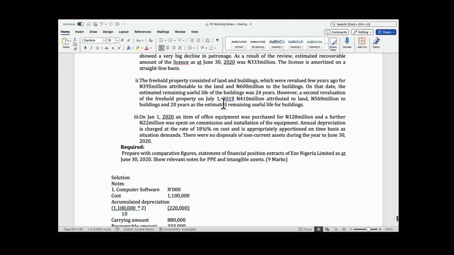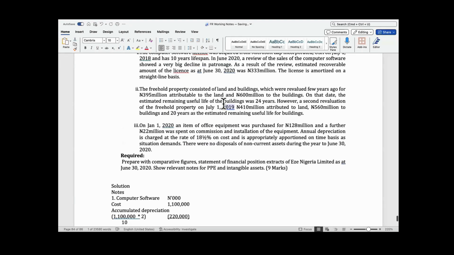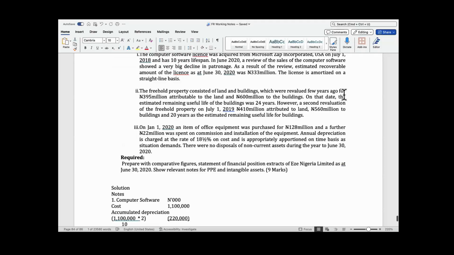Now on that date, the estimated remaining life is now 24 years. However, a second evaluation of the freehold premises happened at the beginning of the year. 410 to land, 560 to building, and 20 years as the remaining life for building.